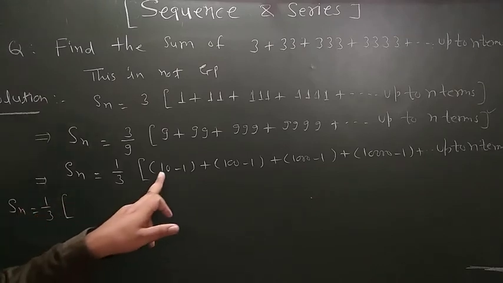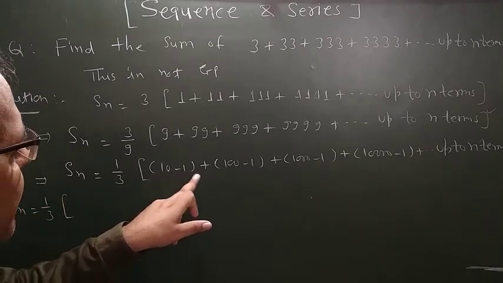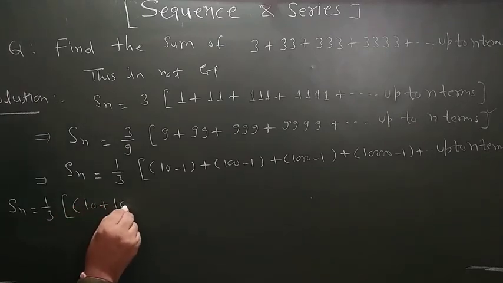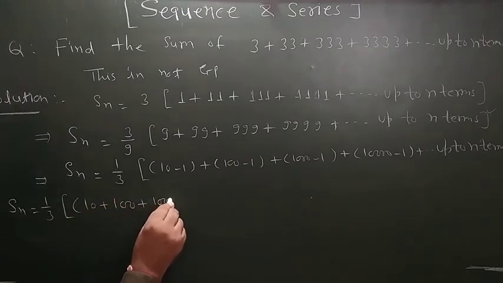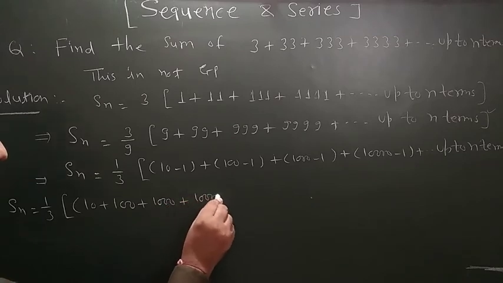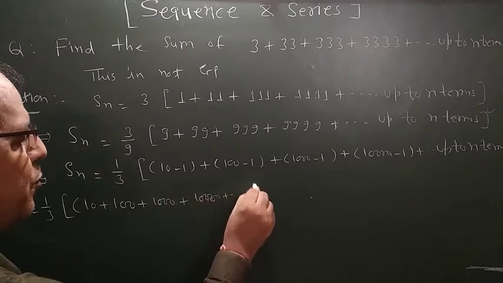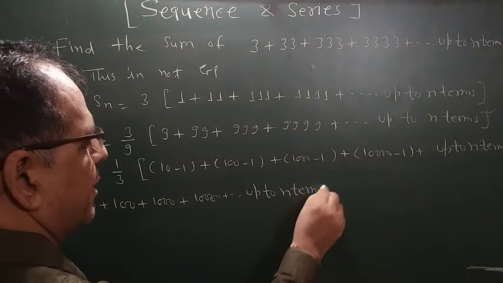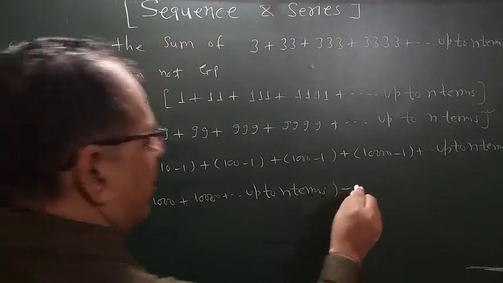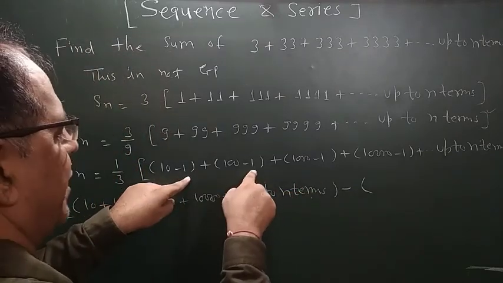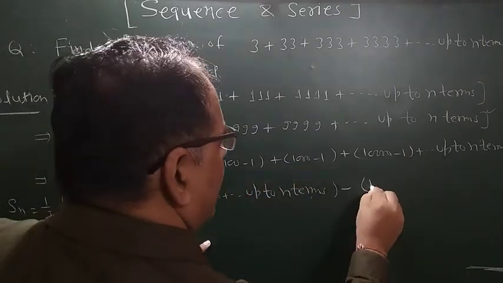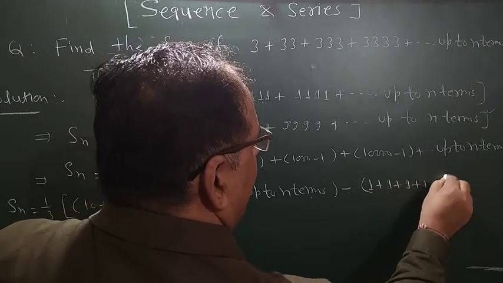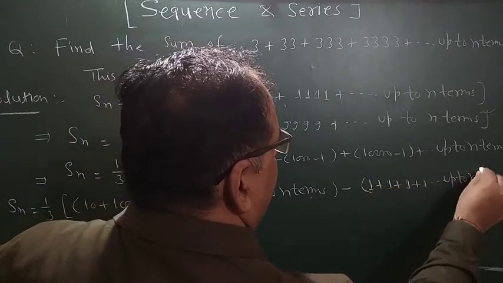Inside the bracket, take the first terms together: 10 plus 100 plus 1000 plus 10,000 up to n terms, and minus the second terms, 1 from each bracket, 1 plus 1 plus 1 plus 1 up to n terms, here in the second bracket.